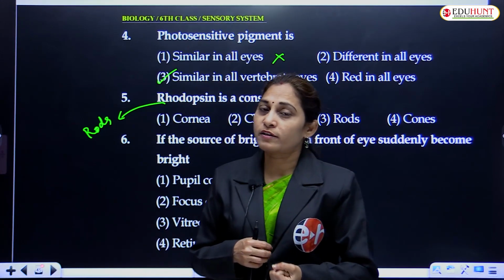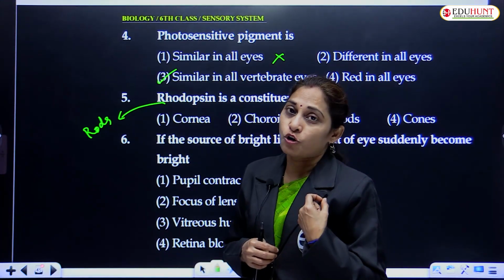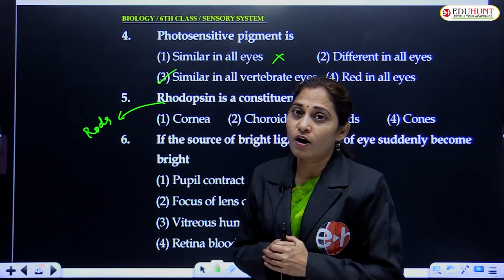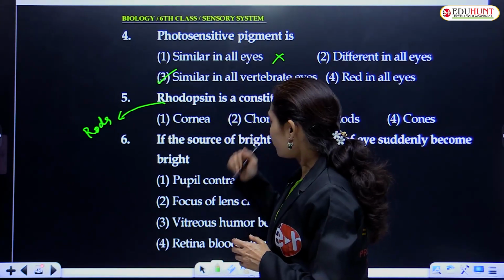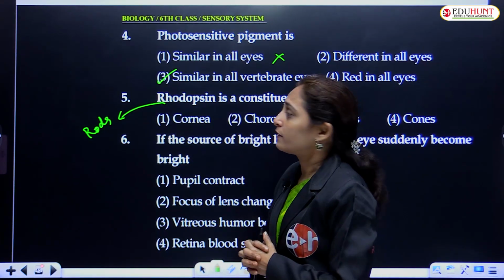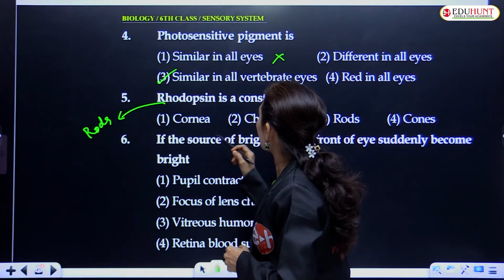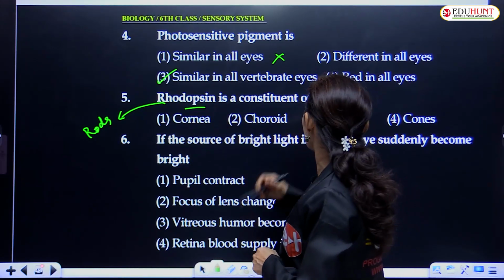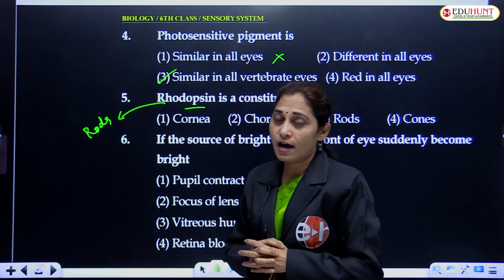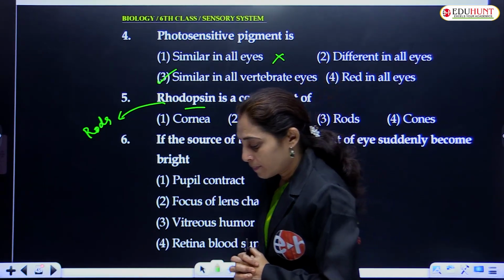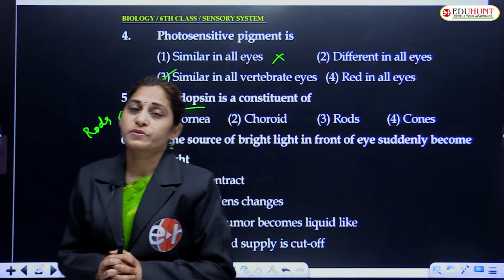The protein part is called scotopsin. Rods have this pigment, rhodopsin, and cones have iodopsin.